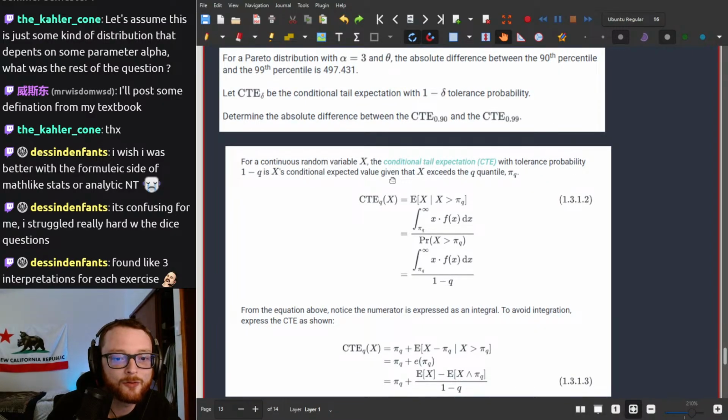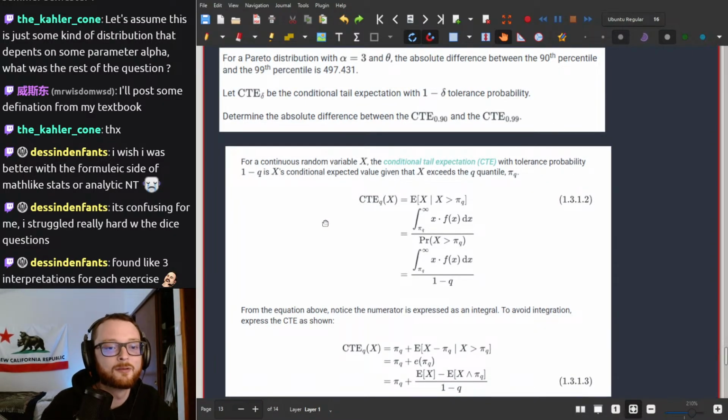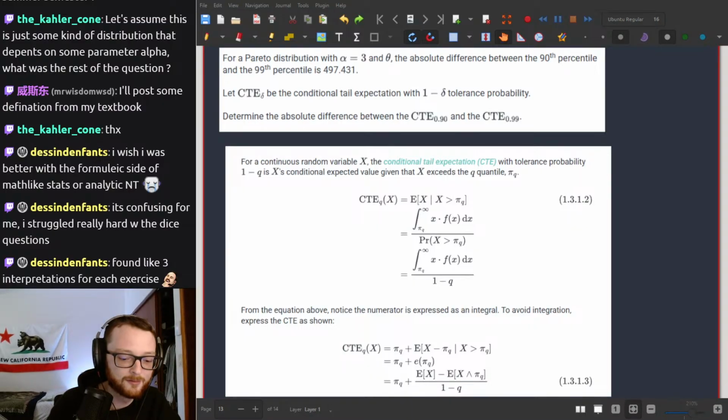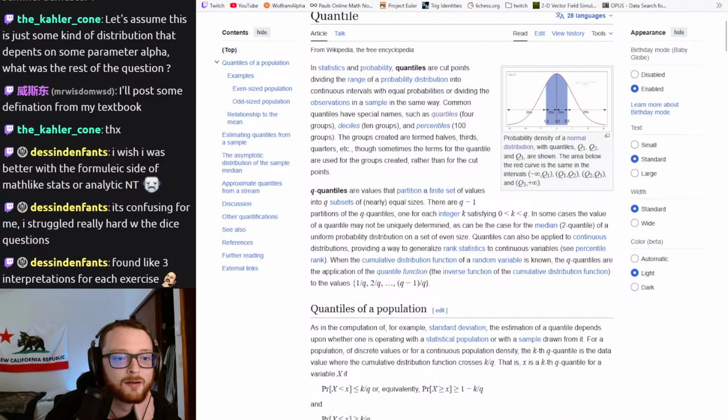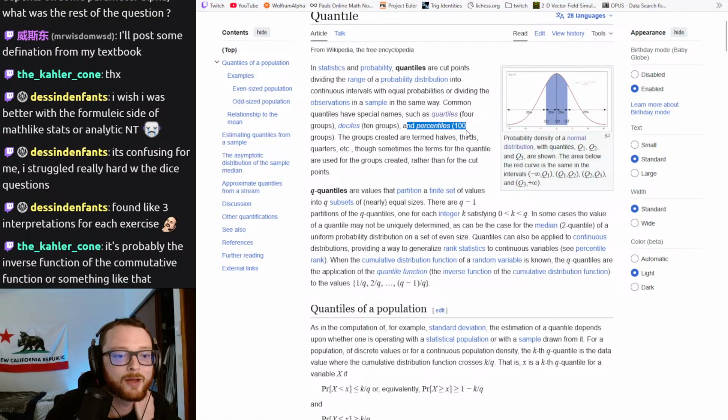Is a quantile like a percentile? Okay, so if the fourth quantile gives you quartiles, or the 100th quantile gives you percentiles, oh good, that's perfect.